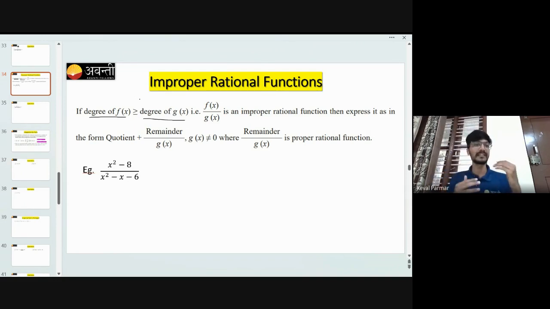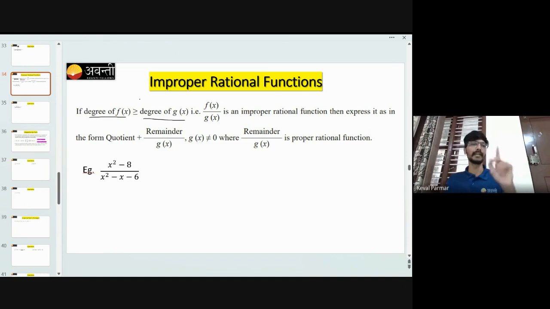For proper rational functions, we basically use partial fractions. For improper rational functions, as I would like to say, we use the rule of divide and rule. Divide and rule means division, like in childhood, 5 divided by 2 and all.